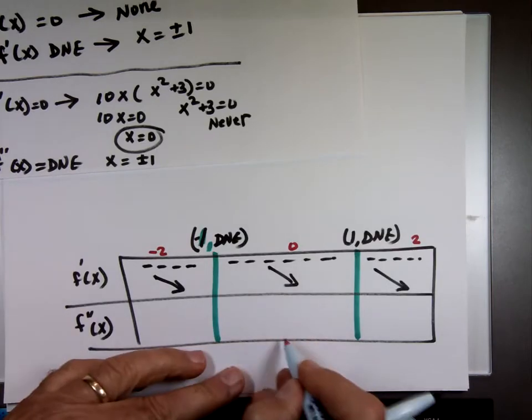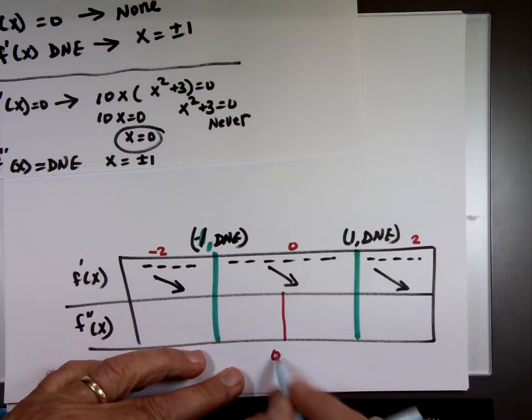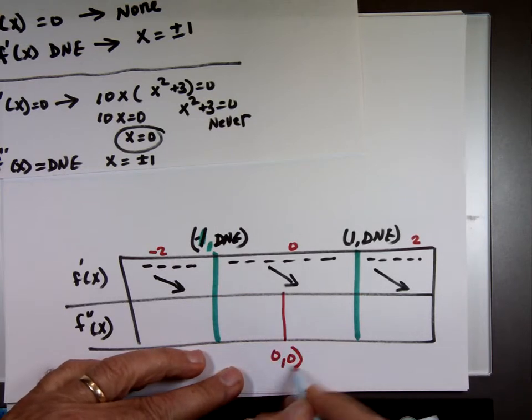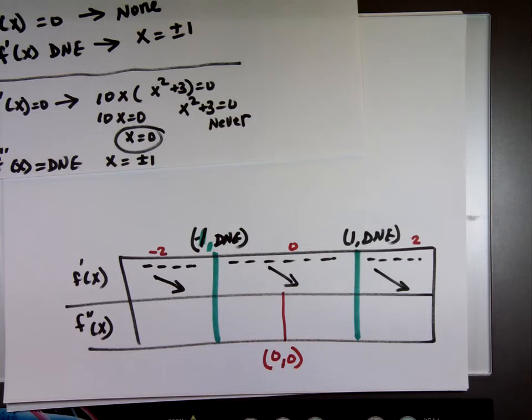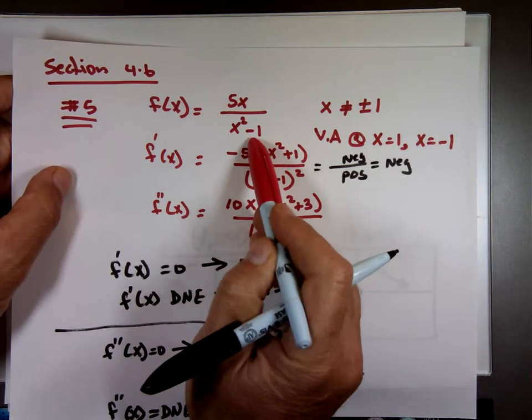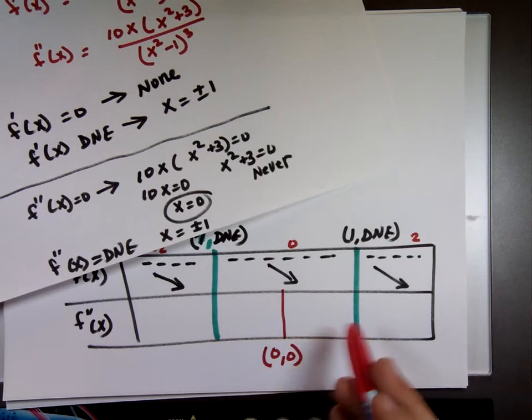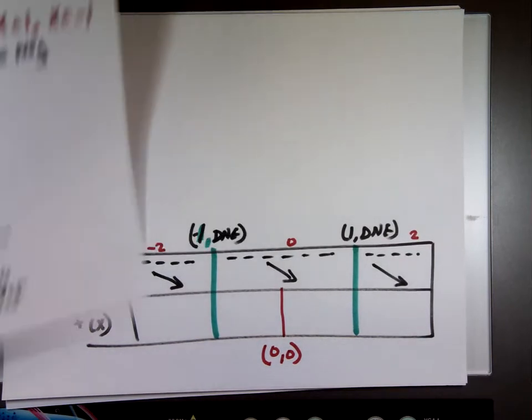When x is 0 right here, the y value is actually 0. Yep, we plugged into the original problem right here: 5 times 0 is 0 over minus 1. That's 0 over anything, which is 0. So let's take a test point in each one of these segments and test the second derivative.